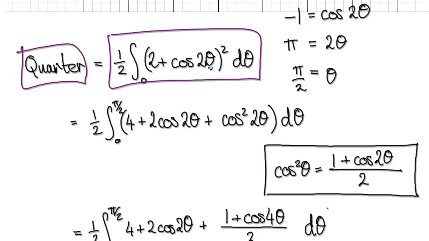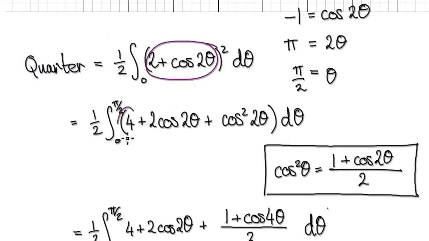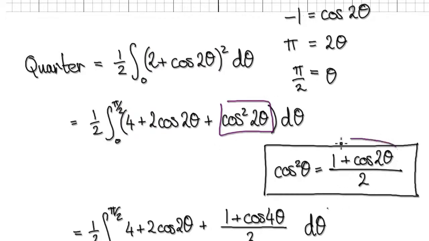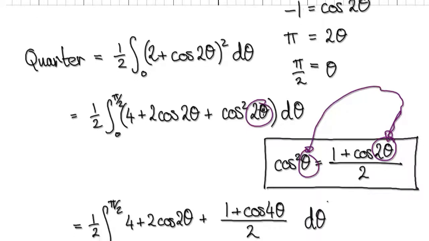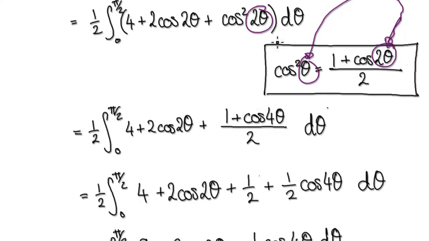So now multiply this thing out. That will then give you this whole thing here. And whenever you want to integrate cos squared, think about this. Remember, this angle here is always twice the size of this angle here. So it's always twice the size.